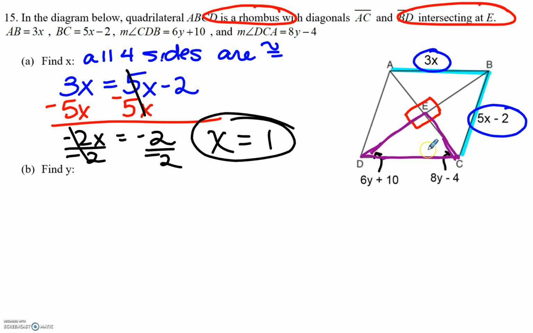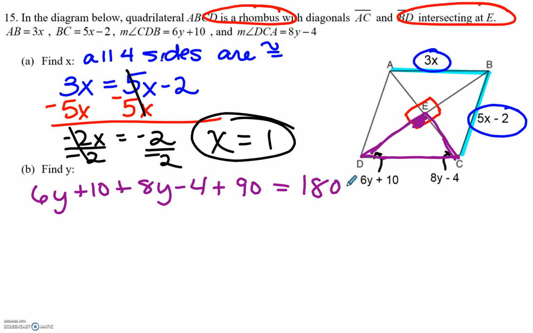So we're dealing with a missing angle, another missing angle, and we know that this angle right here is 90 degrees, and we know that all 3 angles in a triangle add up to 180. So we could set up our equation as so. We have our first angle, which is 6y plus 10, our second angle, which is 8y minus 4, and our third angle, which is 90 degrees, formed by those diagonals in a rhombus, is equal to 180.